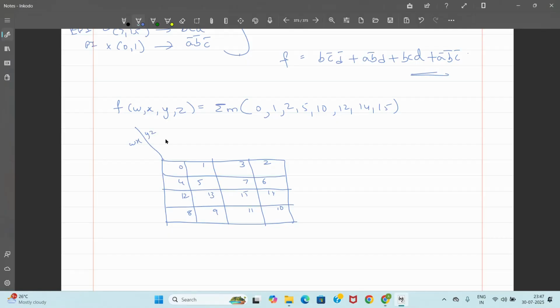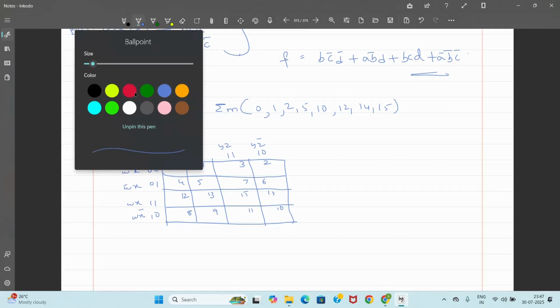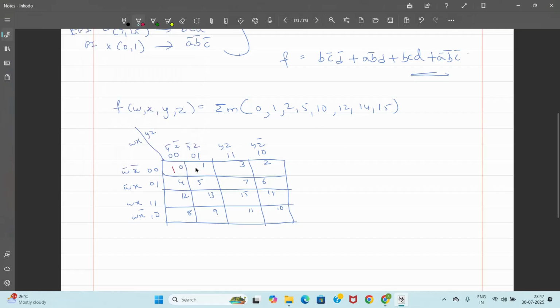Since I've given the variables as W, X, Y, Z, please write it in terms of W, X, Y, Z only and don't change it to A, B, C, D. Y bar Z bar, Y bar Z, YZ, YZ bar. Similarly here, W bar X bar, W bar X, WX, WX bar. So let's put the numbers now: 0, 1, 2, 5, 10, 12, 14, and 15.